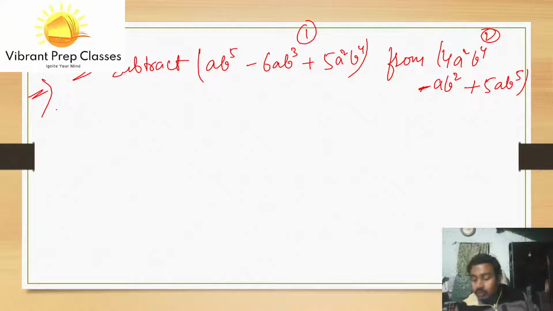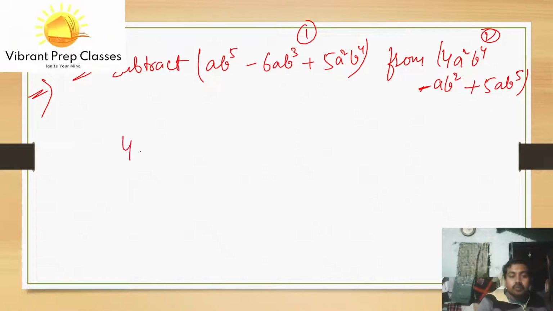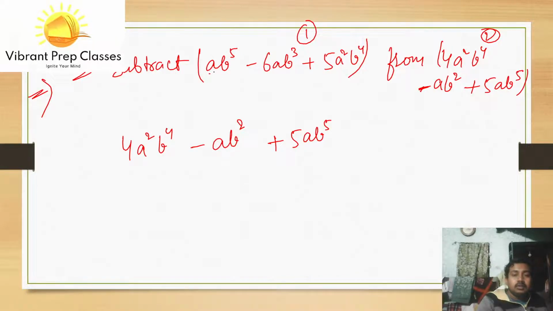Good, Arshit. Fine. So we can do then. See. So we'll be writing 4a square b4 minus ab cube plus 5ab5, and then we will write this, that is ab5.